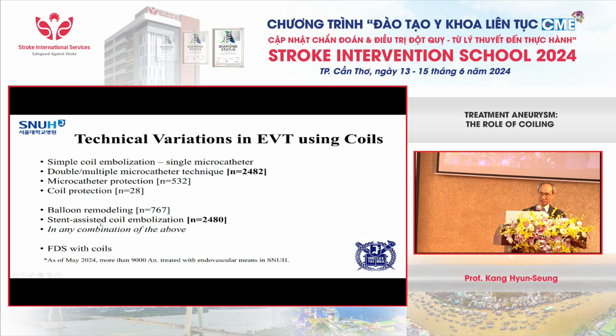And sometimes we use the stent assistance, more than 2,000. So sometimes we combine those techniques. Sometimes we have to use the coil even when we use the flow diverting stent. Some aneurysms are very big, and some have a very vulnerable part, so we want to occlude that part with coil.